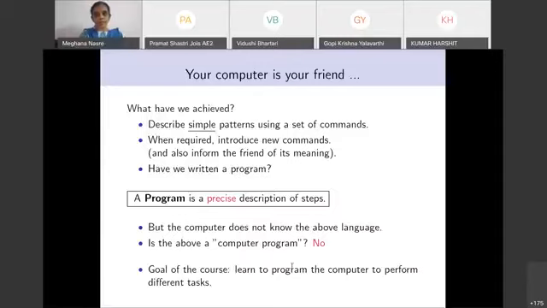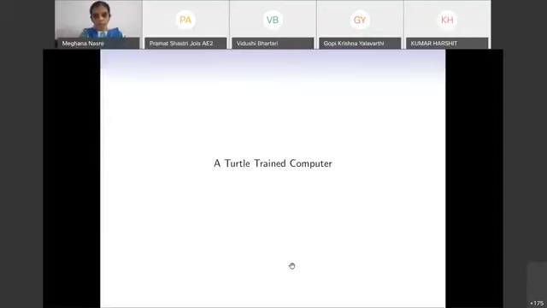Okay, great. So what we are going to do now is, at a very high level, we have simulated a computer. Vidushi became a computer, somebody who is willing to take the commands and execute them. We are now going to work at a slightly higher level and work with what we will call a turtle trained computer.